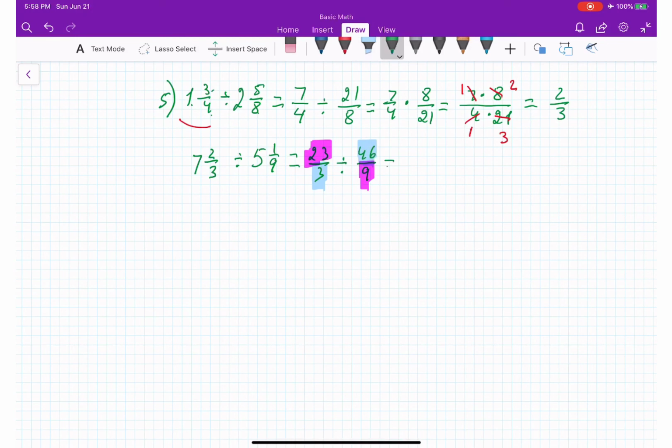So 23 times 9, 3 times 46. 23 and 46, both of them I can divide by 23. Is 1, is 2. And 3 and 9 I can divide by 3. 1 and 3 here will be. And the answer is going to be 3 over 2, which is going to be 1 and 1/2.